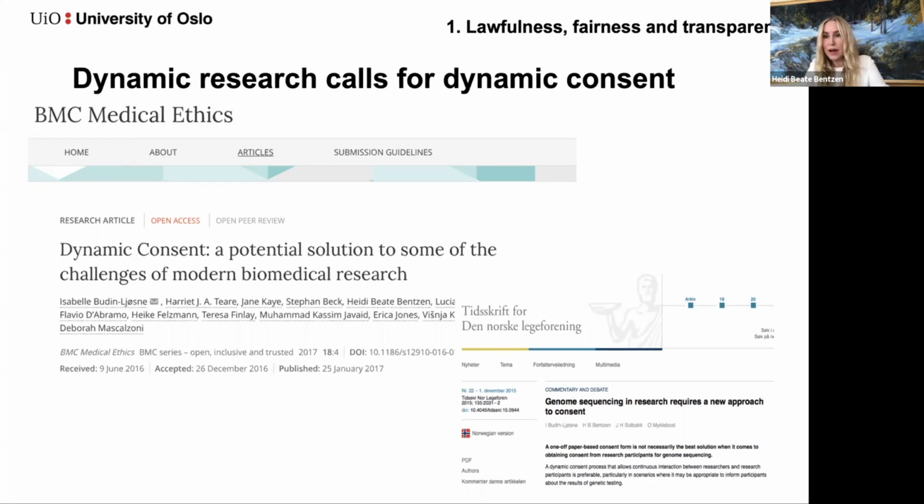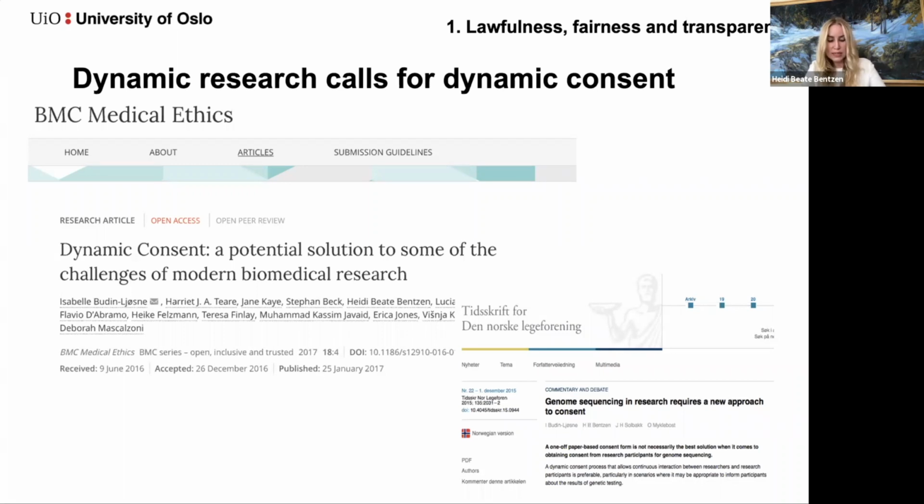So there are currently several initiatives looking into alternative consent forms. I'm just mentioning this to you. One option is, for instance, dynamic consent, which is electronic, and it allows for continuous information updates. It can also allow for very easy re-consent processes.